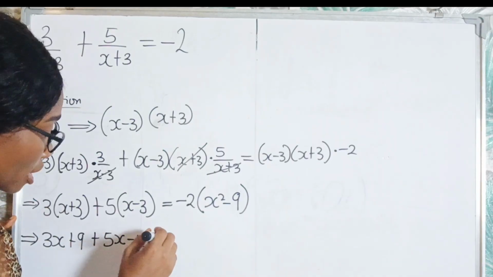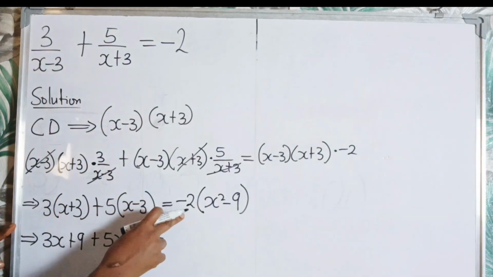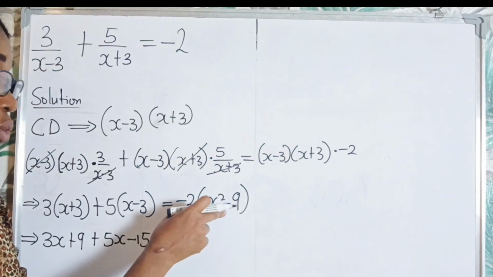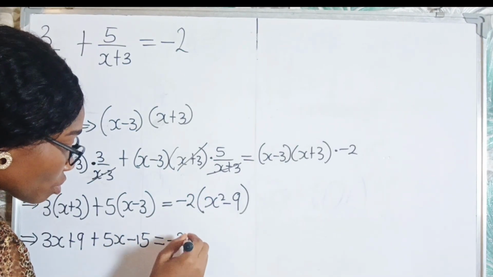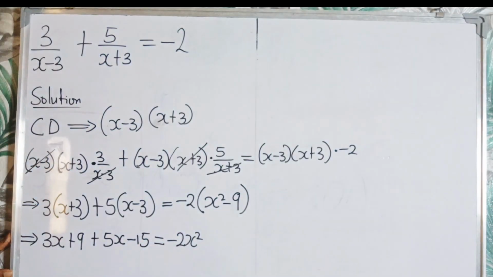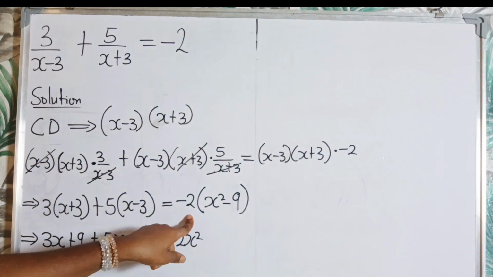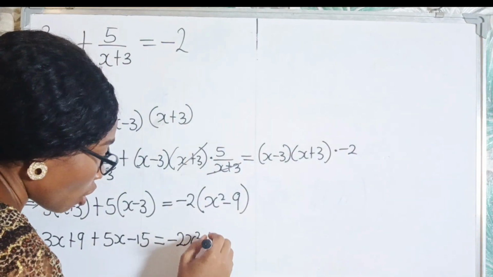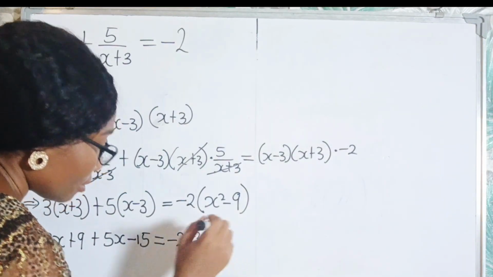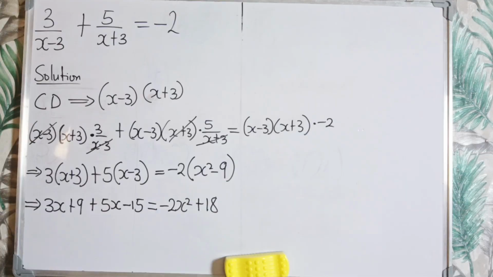And this is equal to minus 2 times x squared is minus 2x squared. Minus 2 times minus 9 is plus 18. Now let's collect like terms.